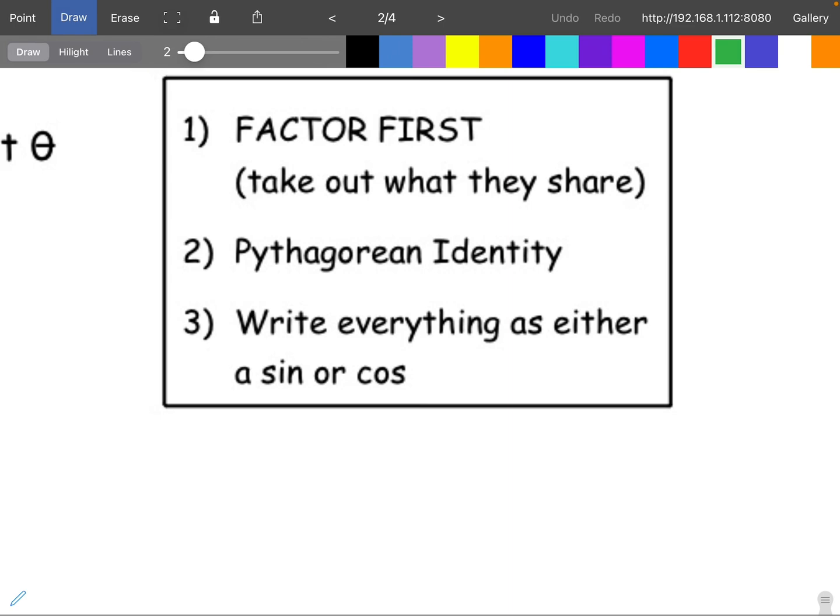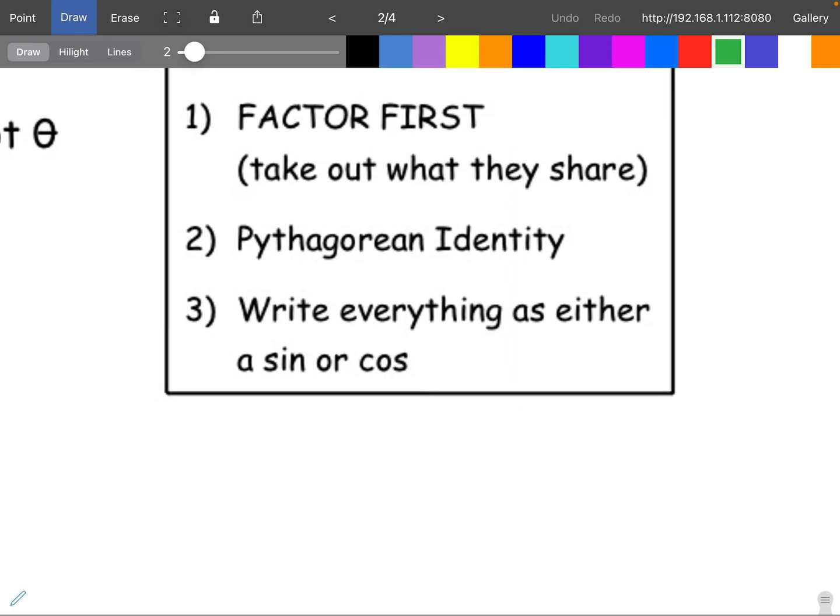If I don't have a Pythagorean identity or a version of the Pythagorean identity, then we're going to move on to the third option, which is to write everything as either a sine or a cosine, because we know that cosecant can be written as 1 over sine, secant can be written as 1 over cosine, tangent can be written as sine over cosine, and cotangent can be written as cosine over sine.